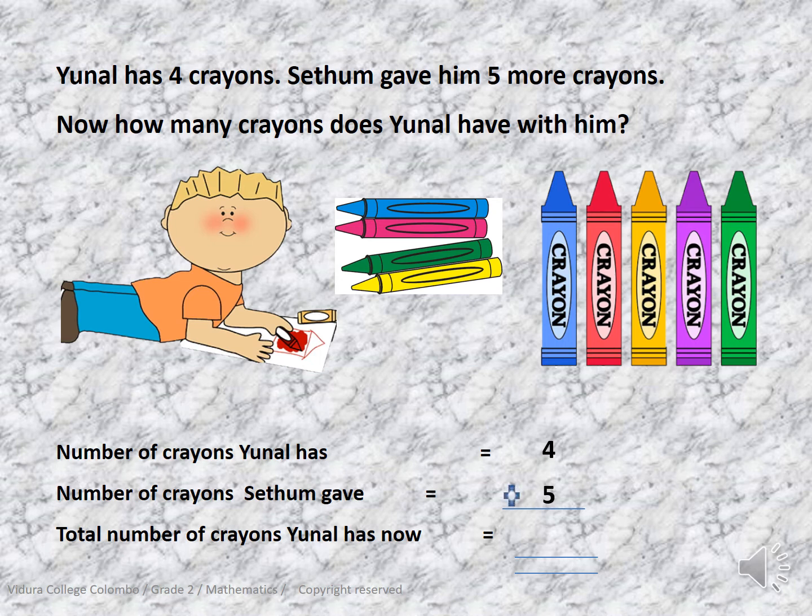Now, to find the total number of crayons Yunal has now, what should we do? We should add. When we add 4 and 5, what is the answer we get? 9. Yunal has 9 crayons with him now. Well done.